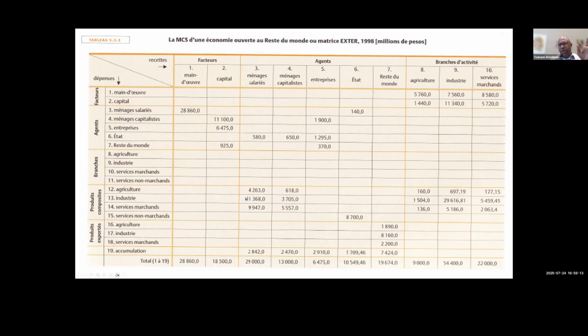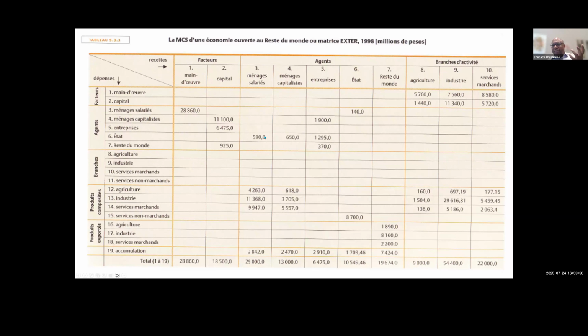No question? It's good. Okay, next step. We have to understand that if you have a CGE model and you want to construct a microsimulation model from the model you have, the first step is to aggregate the two categories of households, here in rows and in columns.